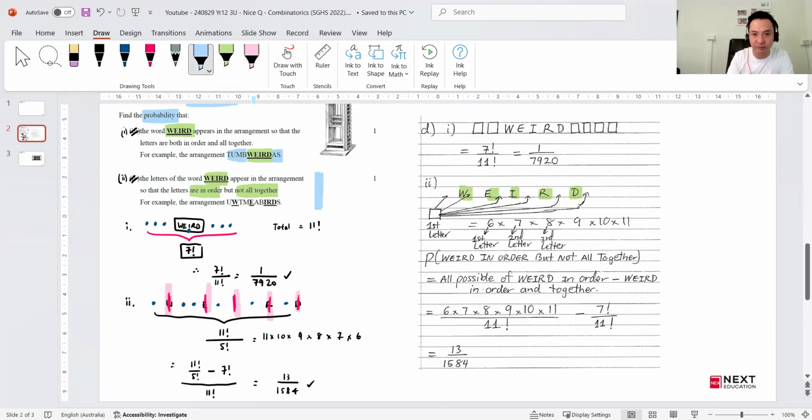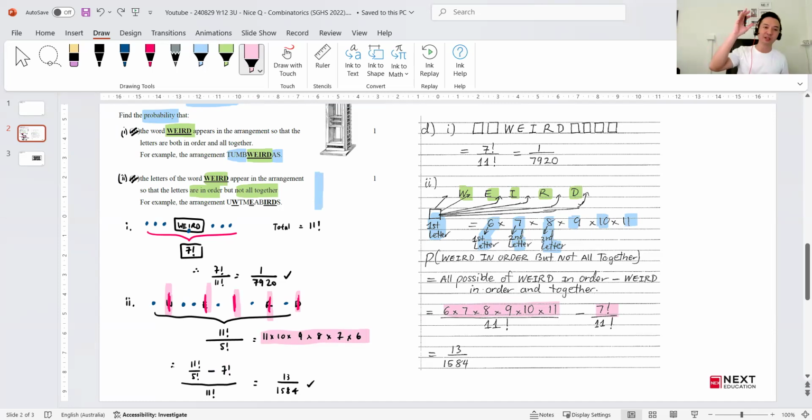And then they go, well, first letter goes into all these places with 6 for the first letter, 7 choices for the second letter, 8 choices for... I don't really know how to explain that intuitively, and I don't really know how they got those numbers, but to be honest, once you use the divider method, you really don't care about this, right? But what is important is that 11 times all the way to 6 is the same answer that they got over here, and then they minus 7 factorial, which is the number of outcomes that they are together.